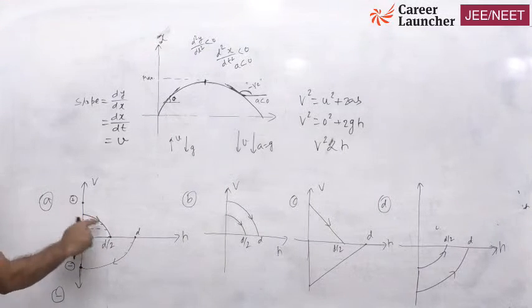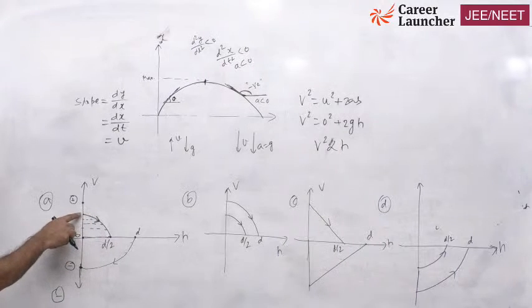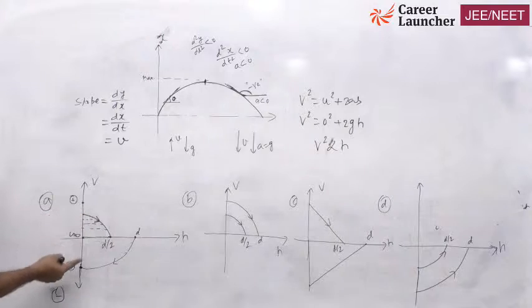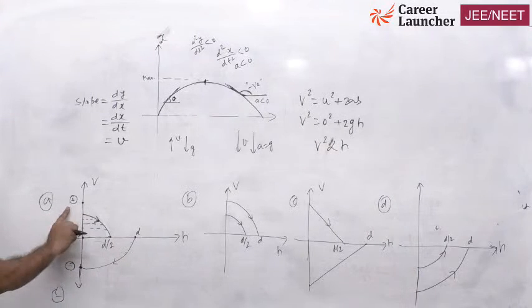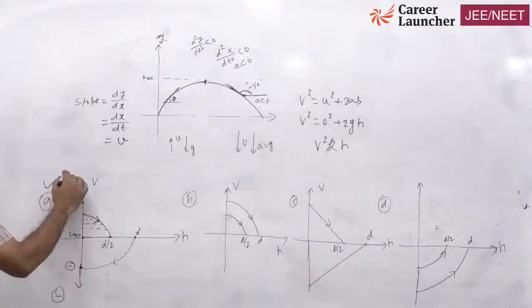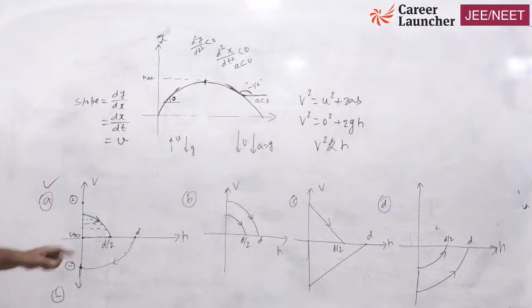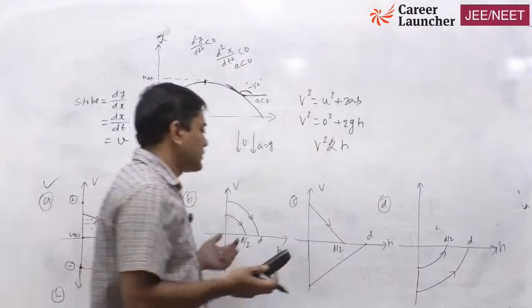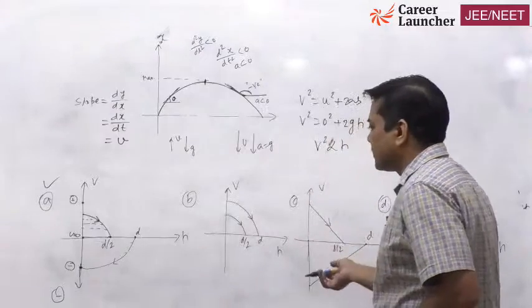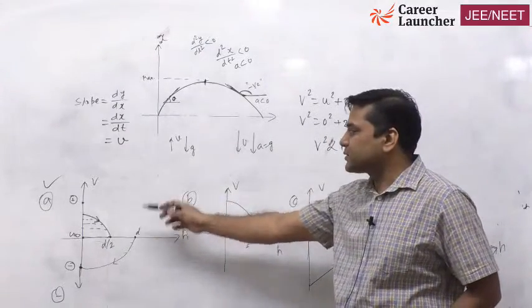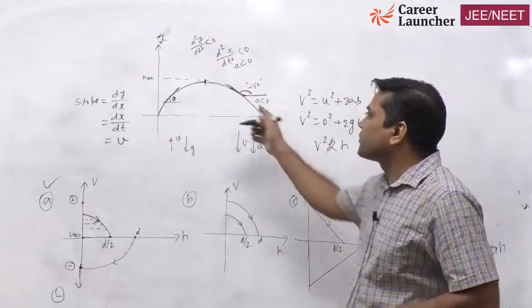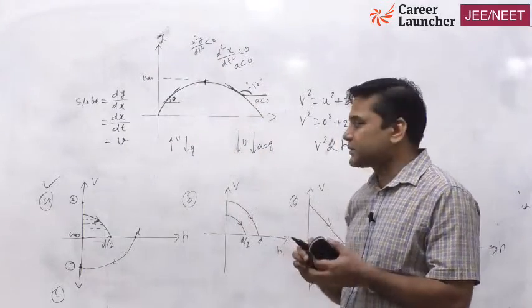So the arrow will go like this. This is the transition point, and from here to here it instantaneously changed direction from negative to positive and reached d by 2. That's why this graph is right. Direction is very, very important, and you come to know that this is a parabolic graph in this case.